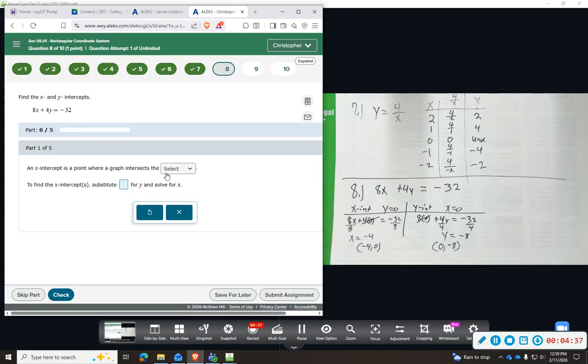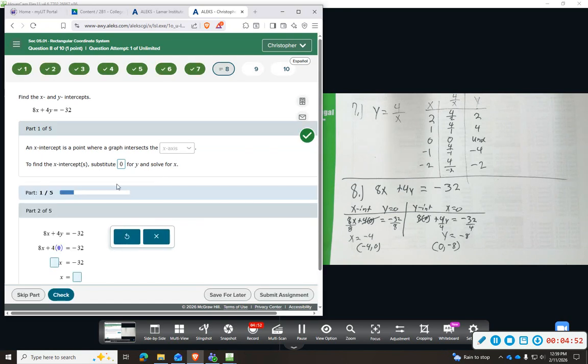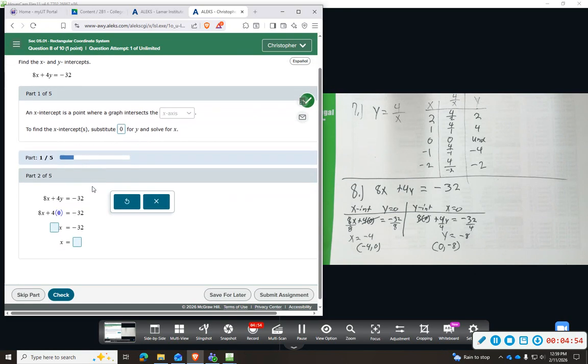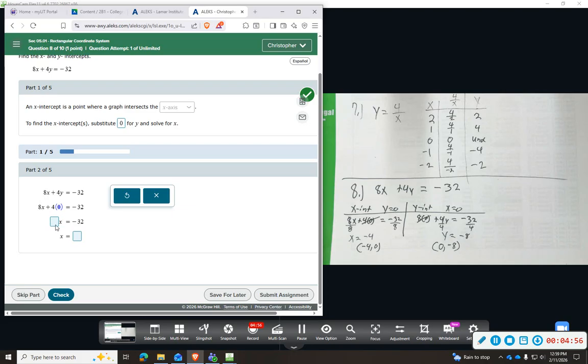So x-intercept, we're first going to describe it as a point where the graph intersects the x-axis. To find the x-intercept, substitute 0 for the y value, solve for x. Then they show the steps. This will be 8x, and then x equals -4.